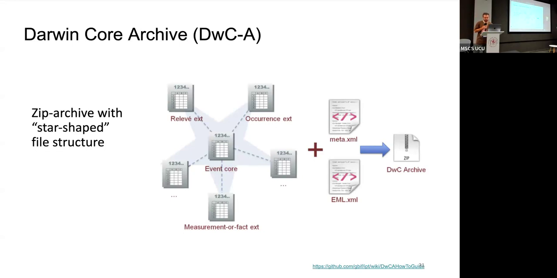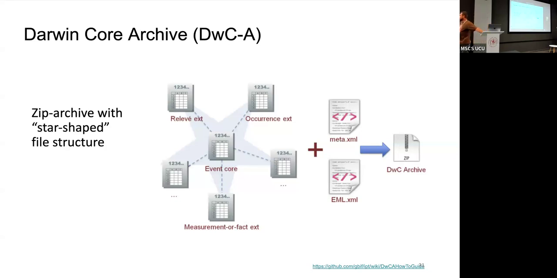Technically, that's a zip archive, and it consists of some core information, which is all tabular data. It's like spreadsheets, nothing extremely complicated. It's human readable spreadsheets, but linked in a specific way.